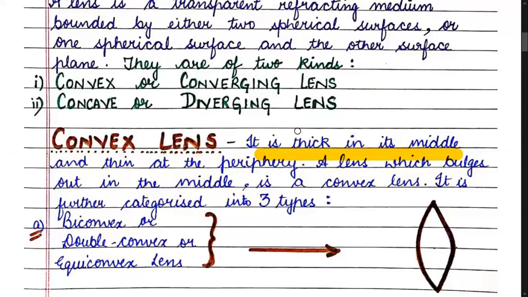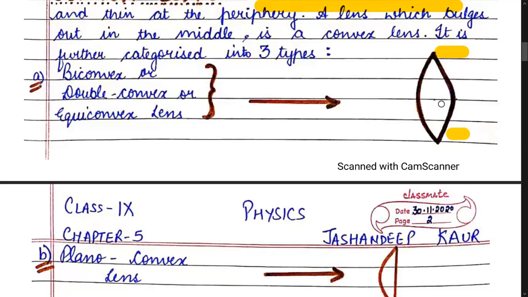So it is thick in its middle and thin at the periphery. Students, periphery means at the corners. A lens which bulges out in the middle is a convex lens. It is further characterized into three types.